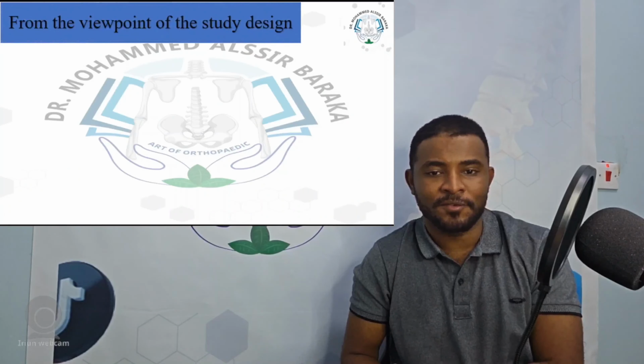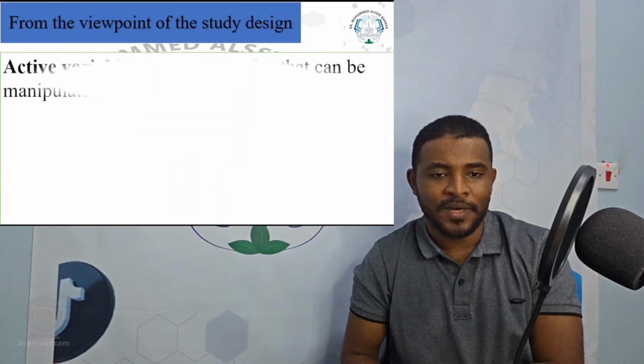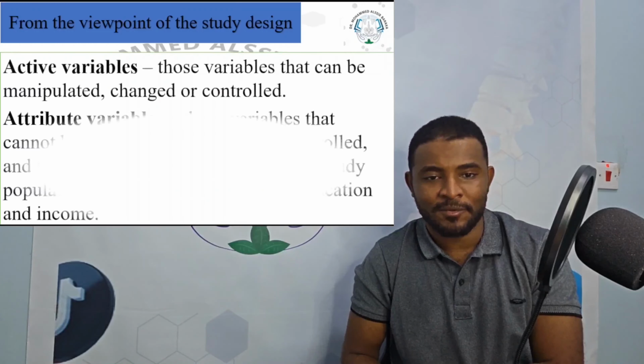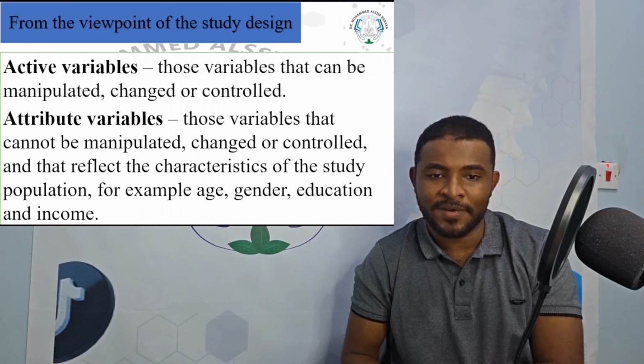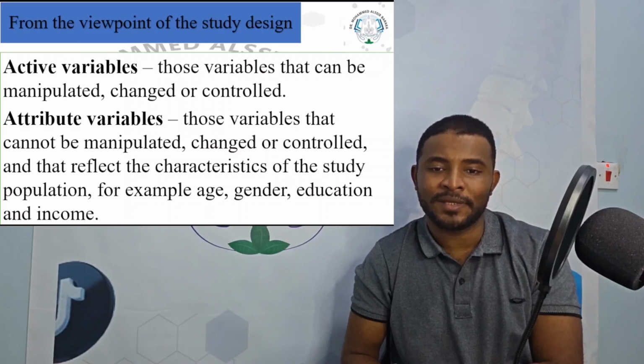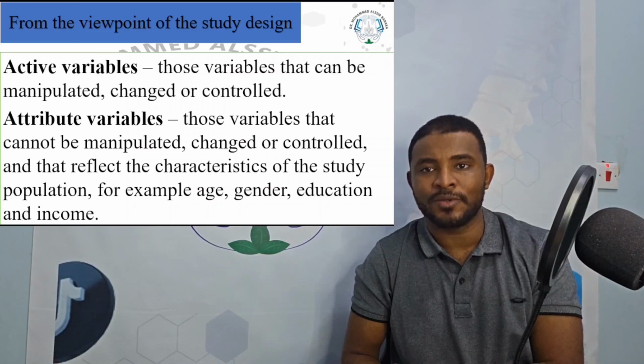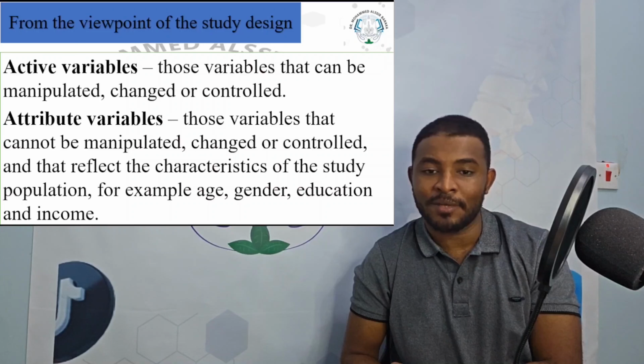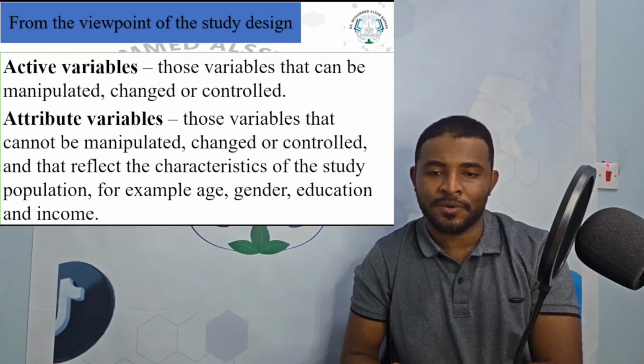From the viewpoint of study design, we have active variables and attribute variables. The active variables are those variables that can be manipulated, changed or controlled.